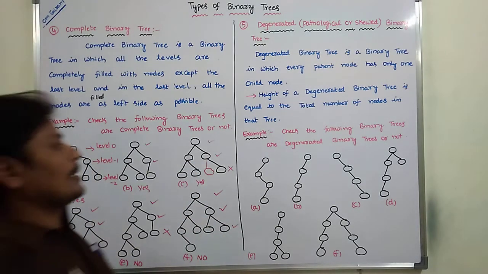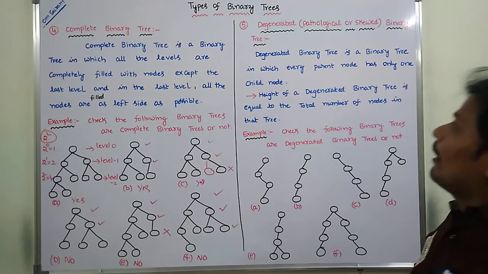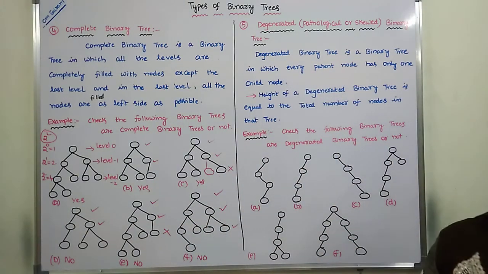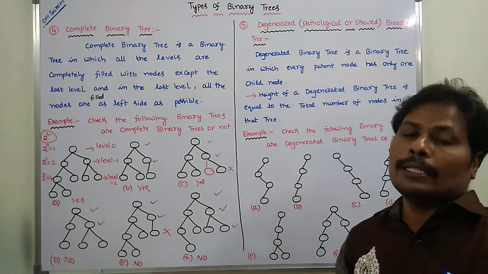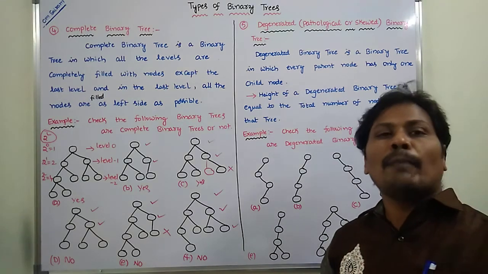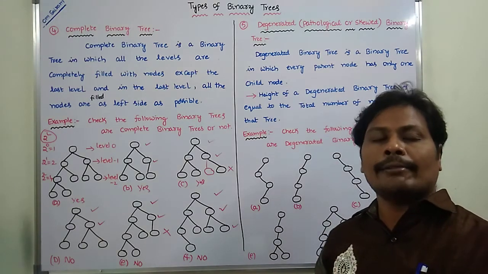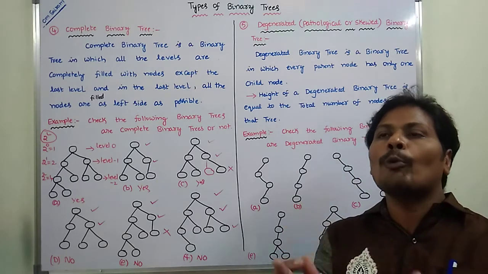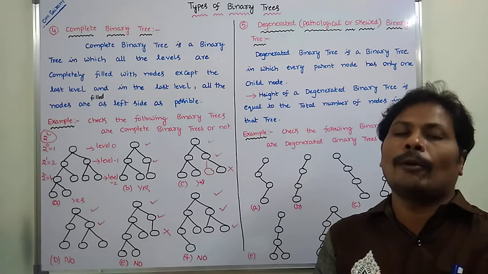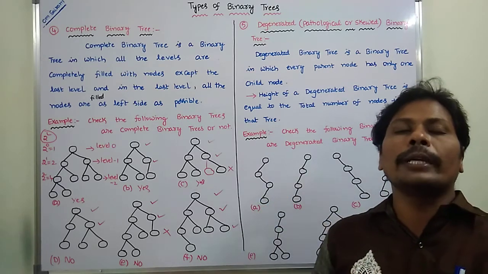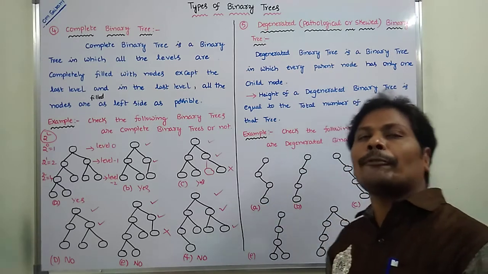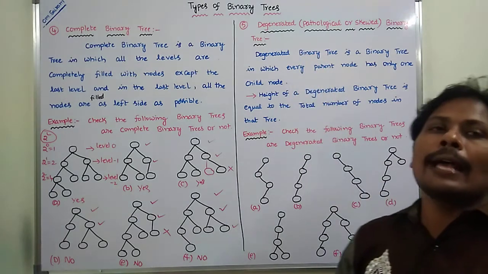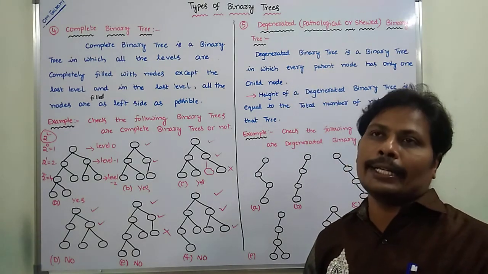Okay. Next we go for a degenerated or pathological binary tree. A degenerated binary tree is a binary tree in which all the parents have only one child. That type of binary tree is called a degenerated binary tree.